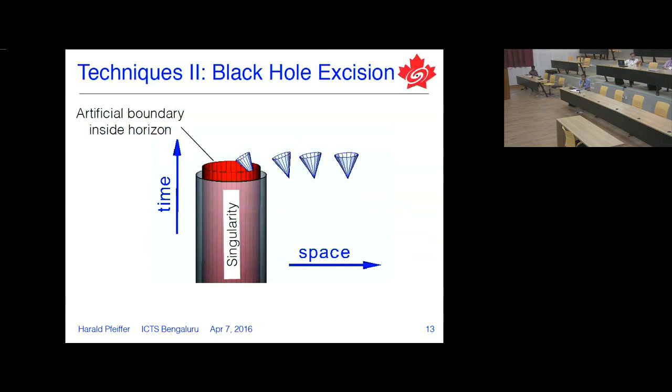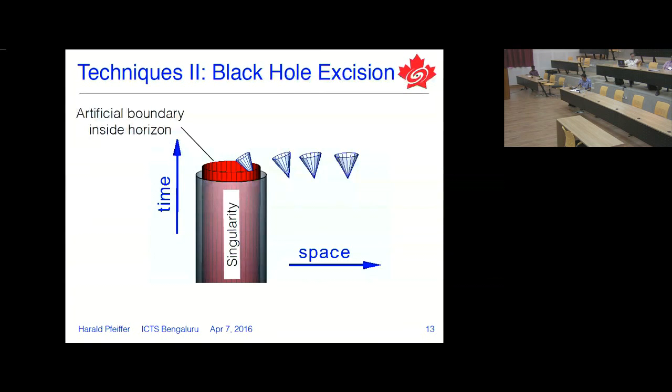And because the light cones have completely tipped over and all information propagation is into the interior of the black hole, and because the generalized harmonic system has only physical characteristic speeds, at most the speed of light, even all the gauge fields, the coordinate degrees of freedom, move at best with the speed of light. Therefore, at such an artificial boundary, we do not need to impose any boundary conditions at all.